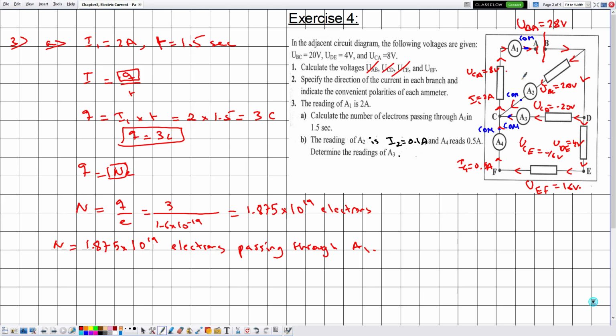So now the value of I2 traversing A2 is 0.1 amperes, and A4 reads 0.5 amperes.